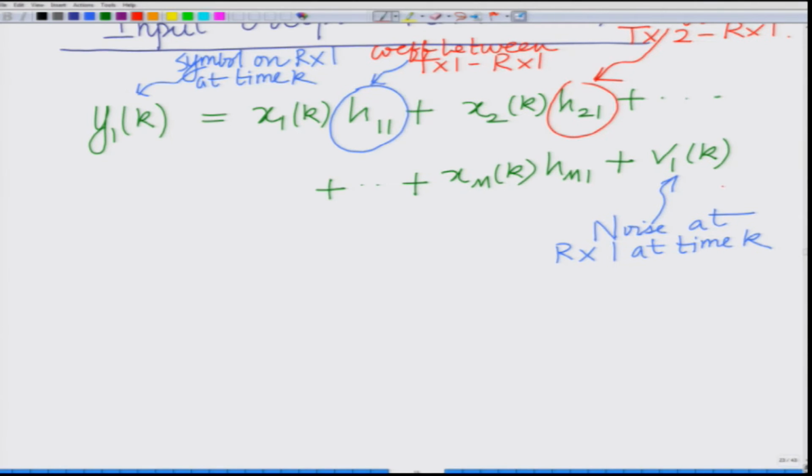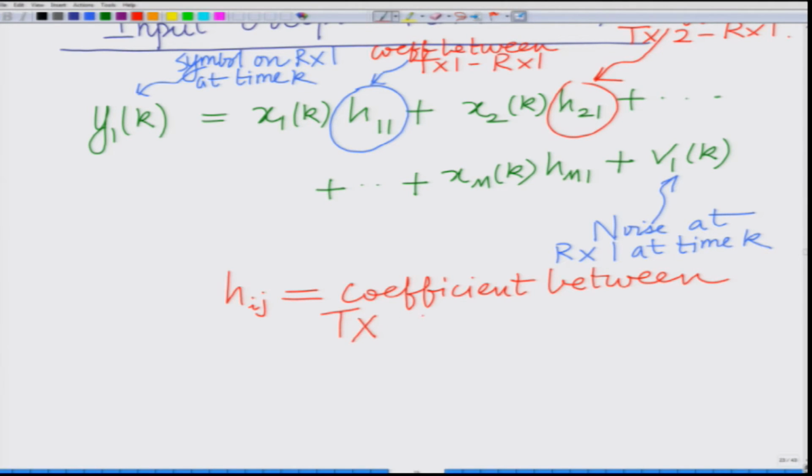So Hij equals the coefficient between Tx antenna i and Rx antenna j.